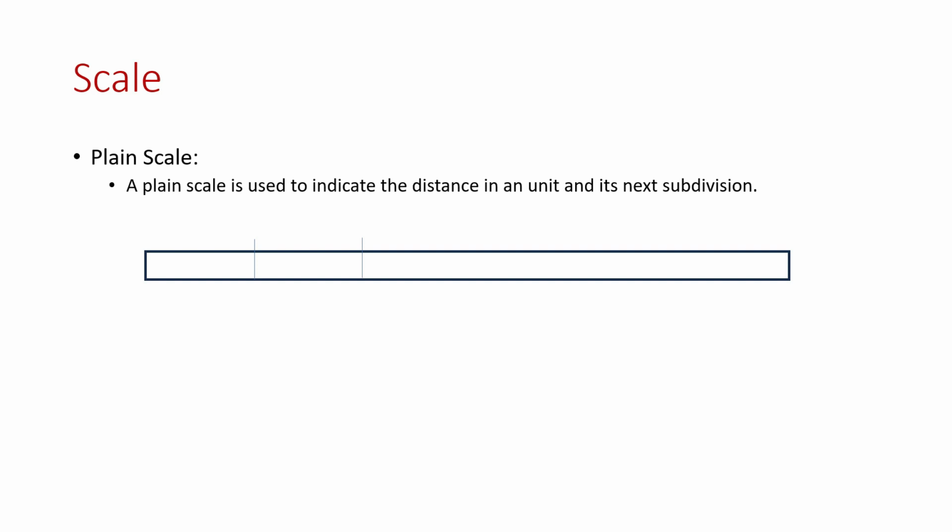Let us suppose I am drawing this plane scale. This is 0 centimeter, 1 centimeter, 2, 3, 4 and 5, and again we are dividing it into 10 equal parts. So these are the 10 equal parts. From here to here, this is 1 centimeter, then it is 1.1, 1.2, 1.3, like that. So these are in millimeter and these are in centimeter.